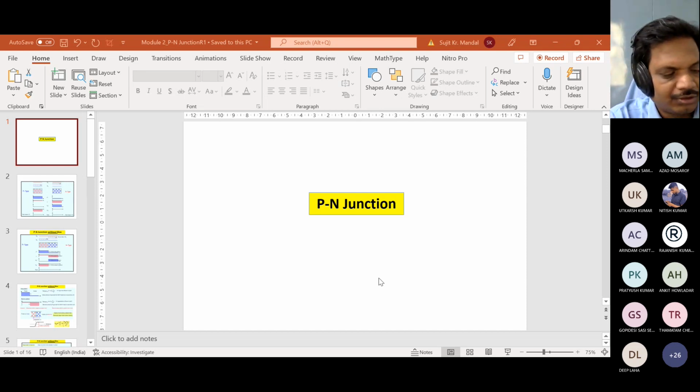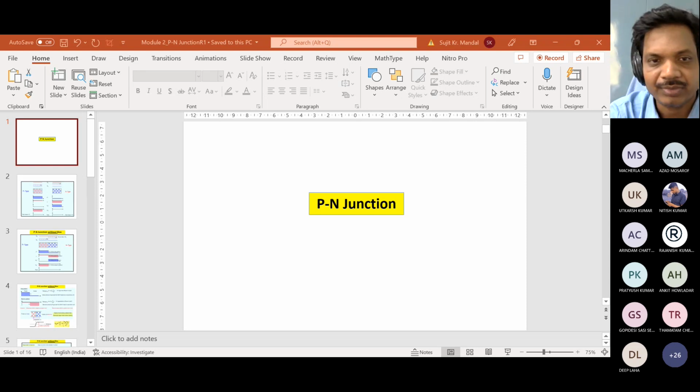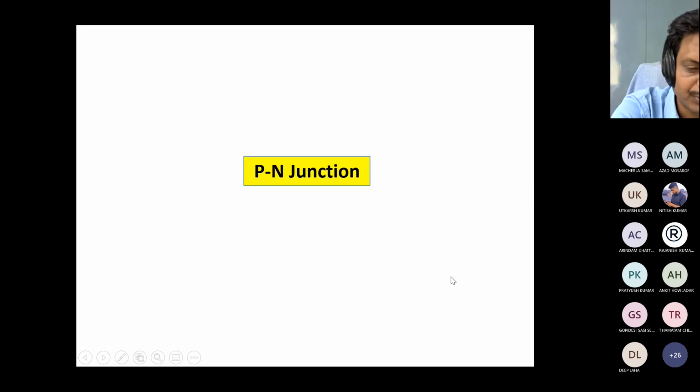Okay, so as you have no doubt and imagining that you understood all whatever I discussed in the last few classes, let me move to the next topic that we'll discuss, the PN junction. You already have some idea about the junction, and maybe some idea about its characteristics.